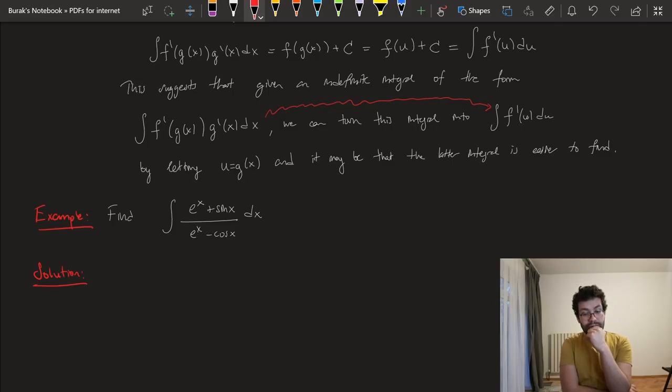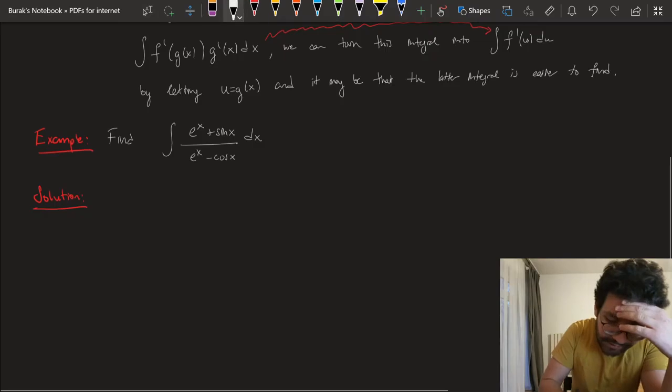The answer is, well, let's see. The derivative of e to the power x is e to the power x, so it's up there. The derivative of sine x is cosine x, and the derivative of cosine x is minus sine x. So it is likely that when I call some expression here u, the numerator or denominator, the derivative of u will also be seen in this integrand. And this is actually the case.